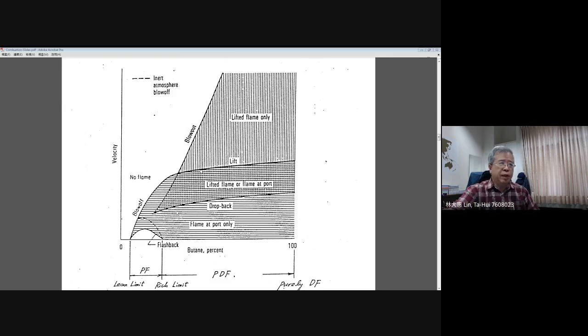Okay, for example, here at this point, you can figure out that the flame at this point, the flame speed, is balanced with the flow velocity. Okay, the horizontal line represents the flow velocity, the injection velocity. They can stabilize here.